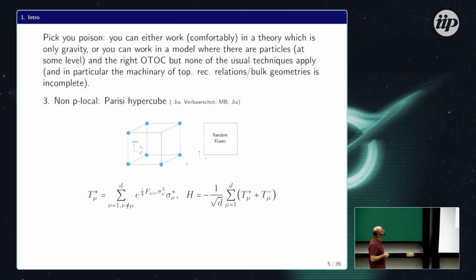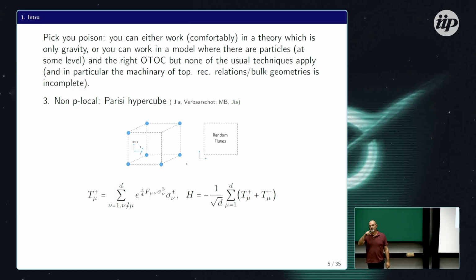Finally, I should say that this also applies to non-p-local versions that are solved by chords. One of them, the classical one, is the Parisi hypercube. You basically have d dimensions. You have two possible states in each direction, and you hop, and there are certain magnetic fluxes on each of these plaquettes.